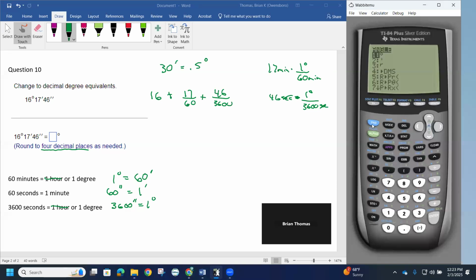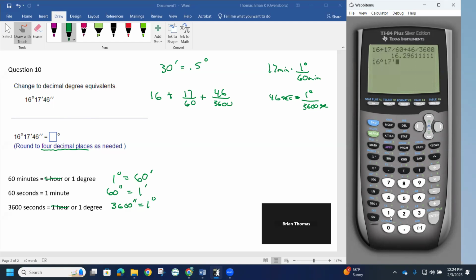So if I quit that, you actually can type 16 degrees, 17 minutes, and 46 seconds into the calculator. If I type the 16 and then go to second angle, I can choose number one. So there's my 16 degrees. Then if I type the 17 in and go to second angle, number two is minute.